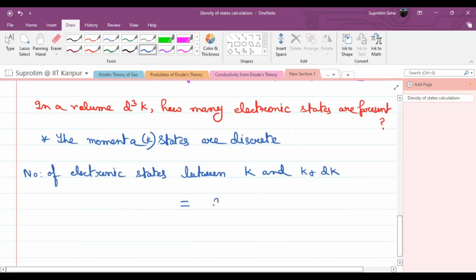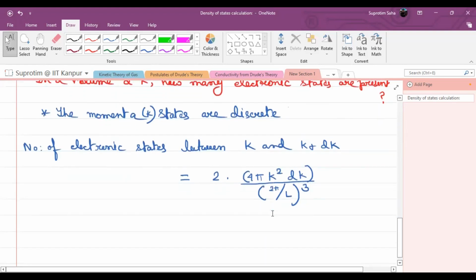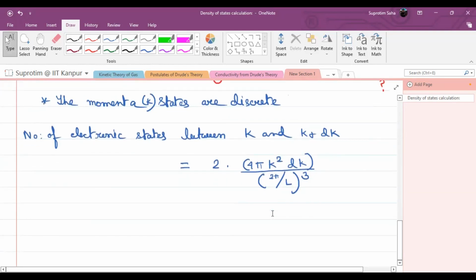So it will be multiplied by 2 times the volume of that spherical shell, 4 pi k squared dk, divided by the smallest volume in k space, because not all the space is allowed for wave vectors, only the smallest volume containing a single momenta state k, which is a summation of kx, ky, and kz in the respective 3 directions.